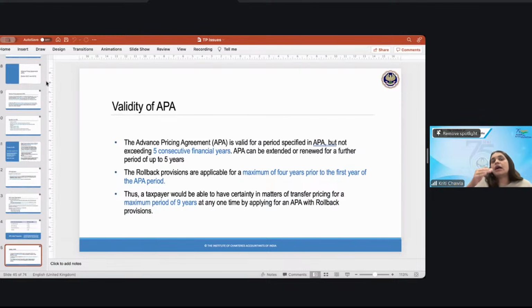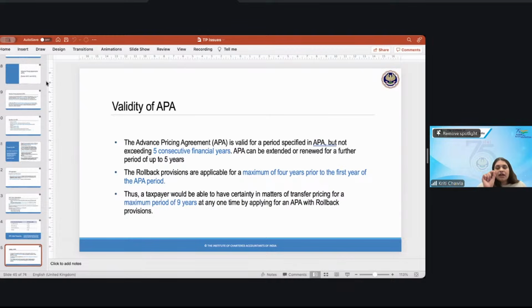Now this is ahead of the transaction. Going forward, you can get it for 5 years. But the interesting thing in India is that you can actually get an APA for the previous 4 years also. Whatever actually happened in those 4 years, you can get tax certainty for that also.